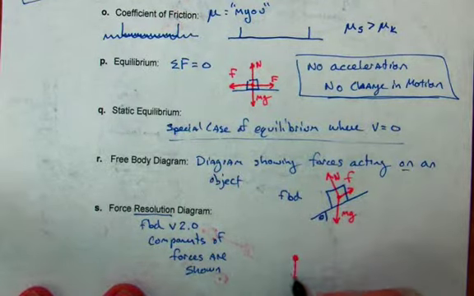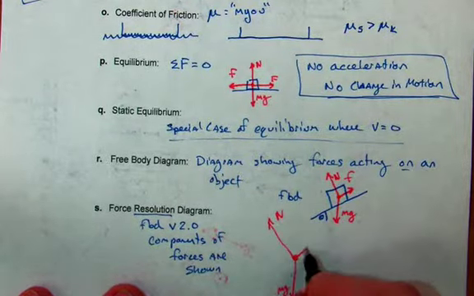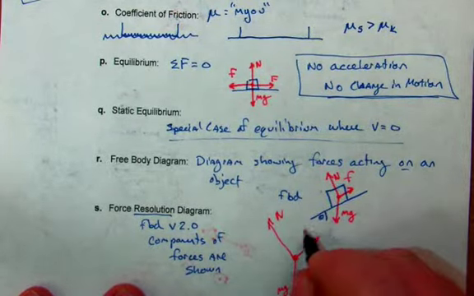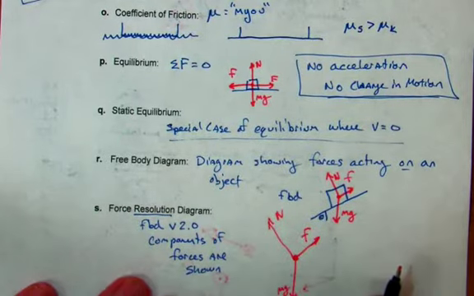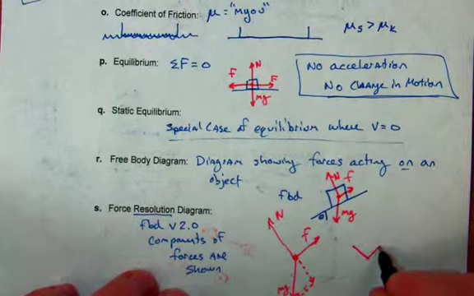So I had weight. I'm going to make it a little bigger. I have normal force. And I have friction. In this case, static friction. What you're going to want to do is break one or more of these down into their x and y components. The easiest way, in my mind, to do this is to define your dimensions.